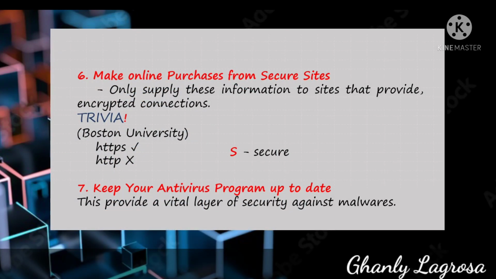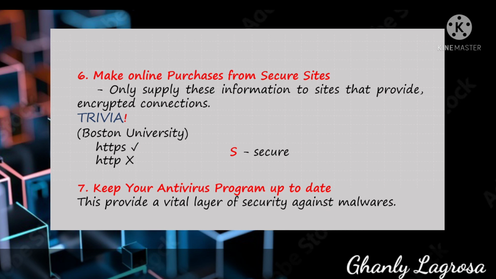Rule number 6, make online purchases from secure sites. When you purchase online, you need to provide bank account information, just what cybercriminals are most eager to put their hands on. Only supply this information to sites that provide a secure, encrypted connection. Here's a trivia.